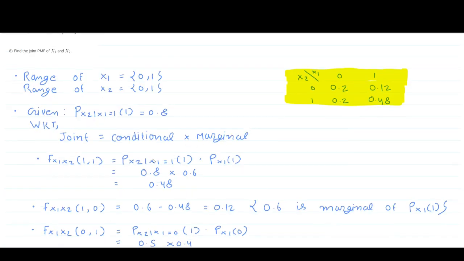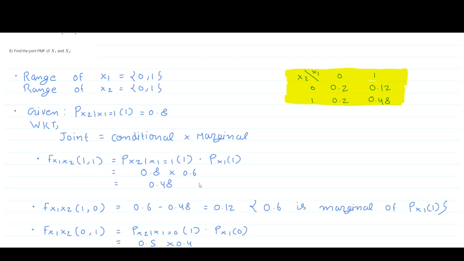We know that joint is equal to conditional times marginal. So let us first find the joint PMF f of X1, X2 at (1, 1), which is equal to the probability that Anand wins the second game given that he won the first times the probability of X1 equal to 1, which is 0.8 times 0.6, equal to 0.48. So, the joint PMF at (1, 1) is 0.48.